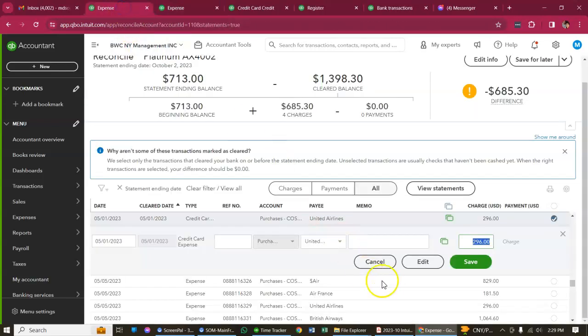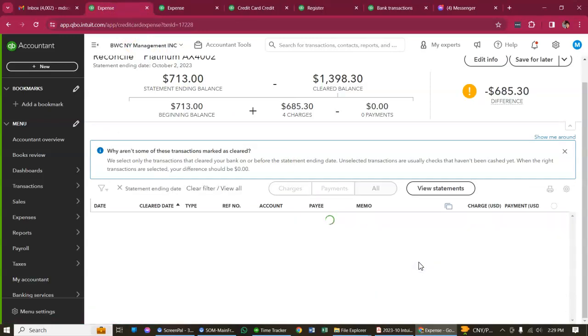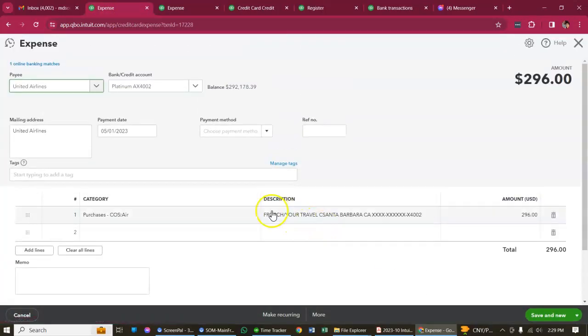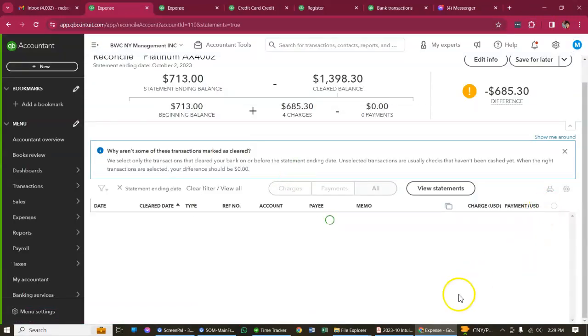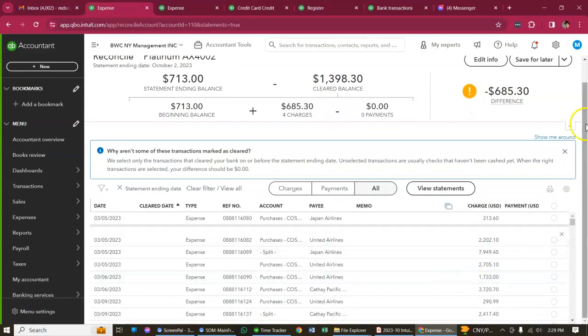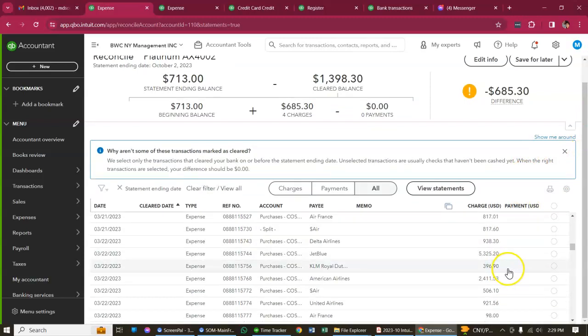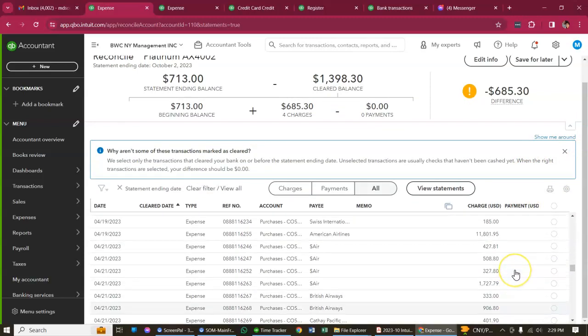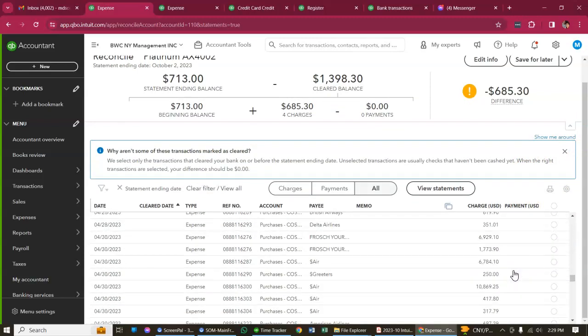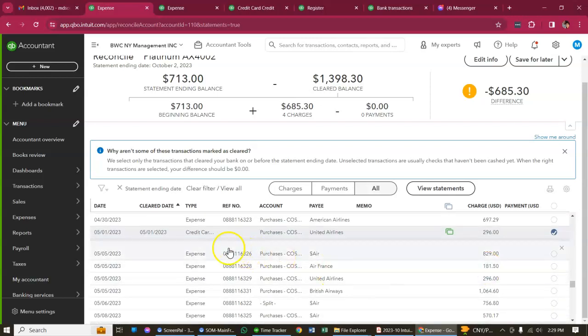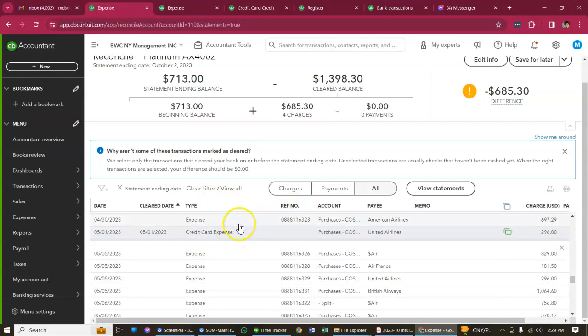So in here, this is cleared in this account 4002, cost of air. This is an expense. This is not, where is it? 296. So this is a credit card expense.